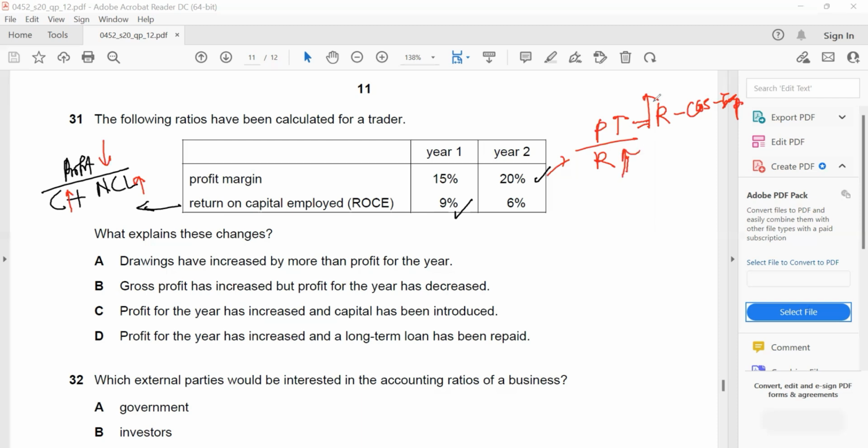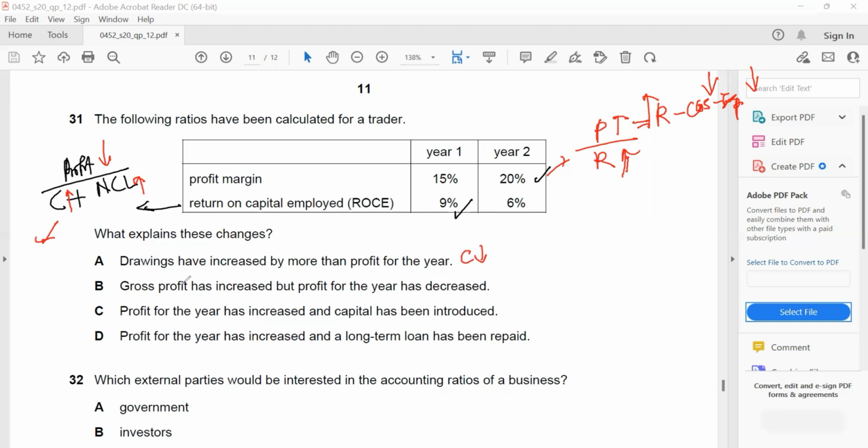So this one follows the ratio. So this one decreases, this decreases. Drawing has increased by more than the profit for the year. So when the drawing increases more than the profit, then the capital will decrease. Okay, next.